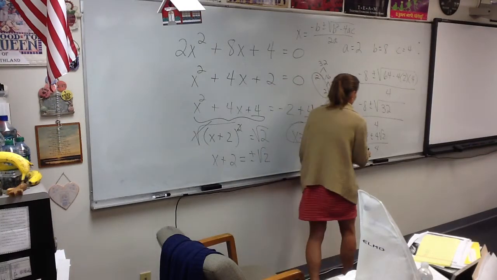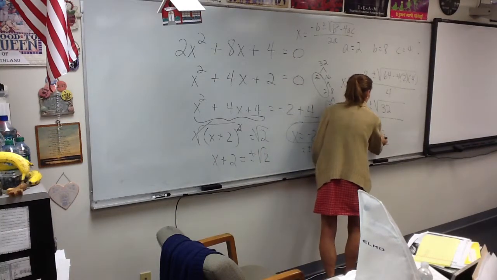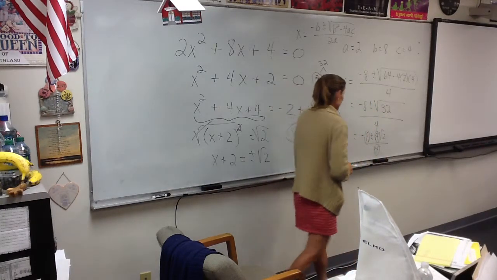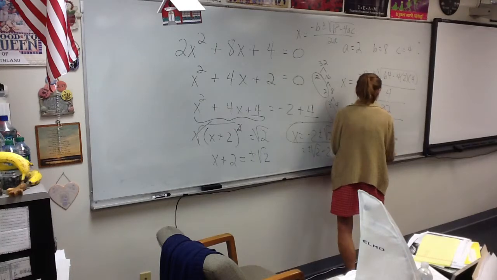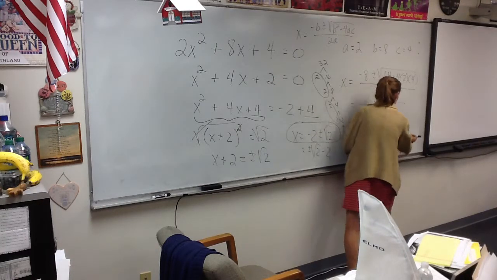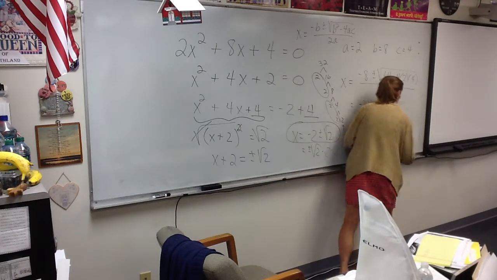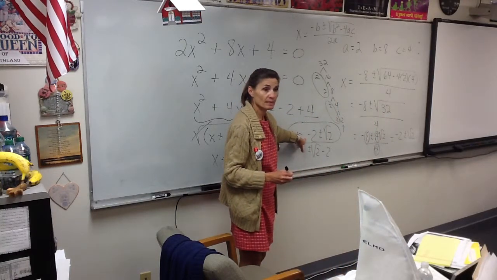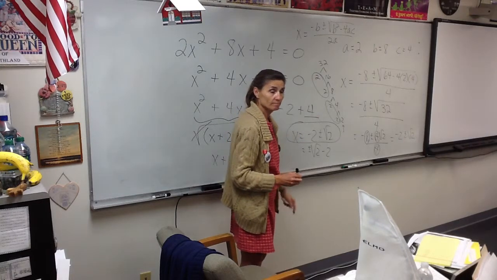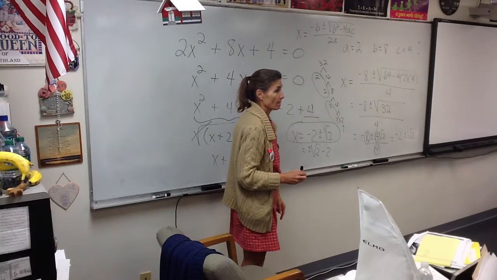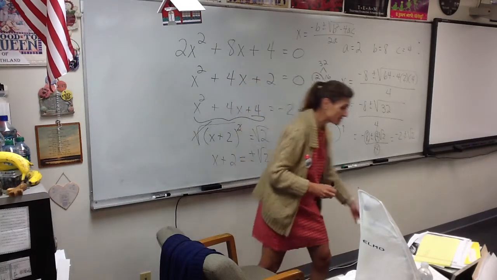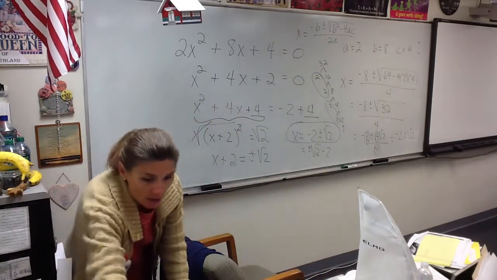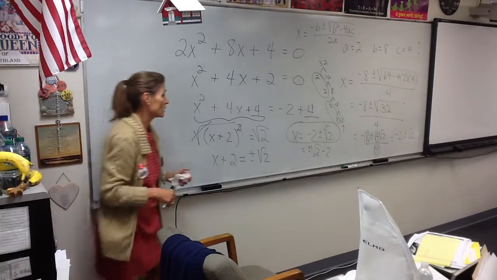Now I have an 8, a 4, and a 4. I can take out a 4, and that would leave me with -2 plus or minus root 2. Which, by the way, is exactly what we got when we did it the other way. That makes sense because that's the answer. So no matter how you solve it, that's the answer that you're going to get.